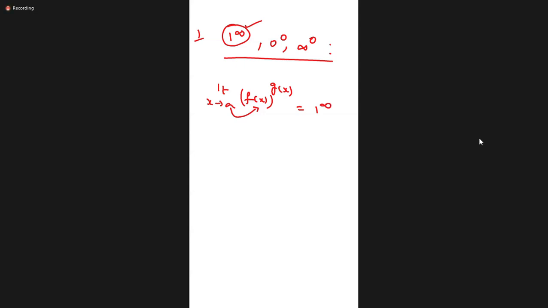Then the next step is you have to write like this: e power limit x tends to a, g of x into f of x minus 1. For this limit, whatever answer you get finally, you write e power that. That is your answer.